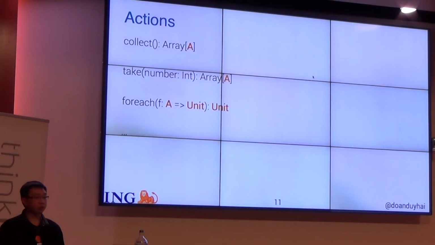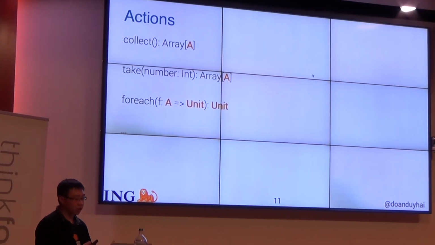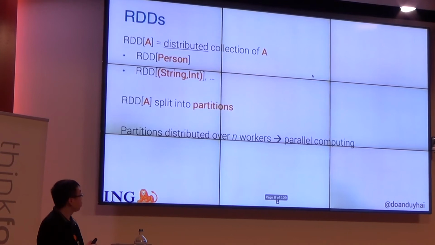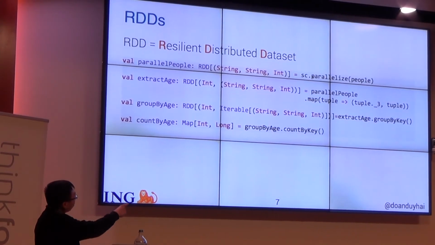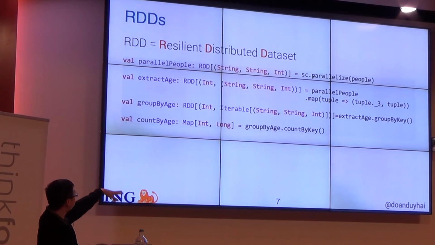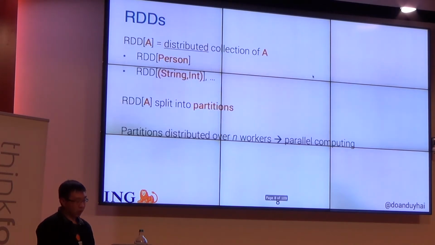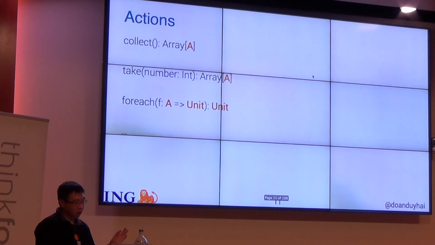And the last kind of thing you can do with an RDD is actions. Until now, even if I call map or group by key on my RDD of people, nothing happened. All the transformations are lazy. Until I call an action, nothing happens.